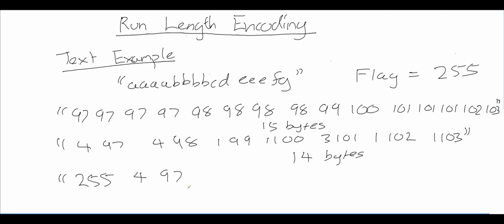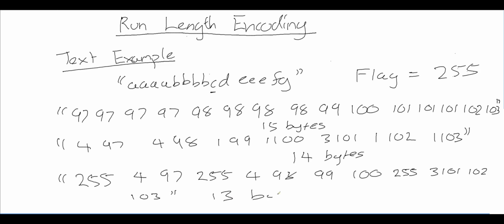And whenever there isn't a run of data, we don't have to put the frequency. We simply put the character code, for example C in this case over here. So this is what it would look like if we represented this data with run length encoding using the flag 255. And we've managed to reduce it to 13 bytes of data. So another slight improvement there on the size of the data.